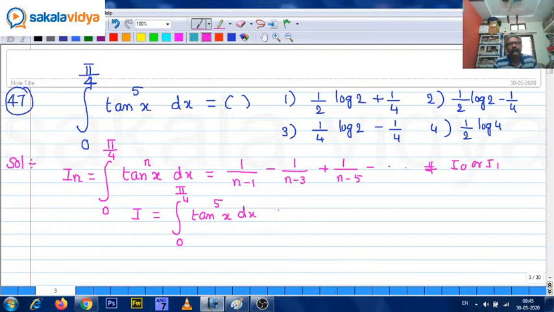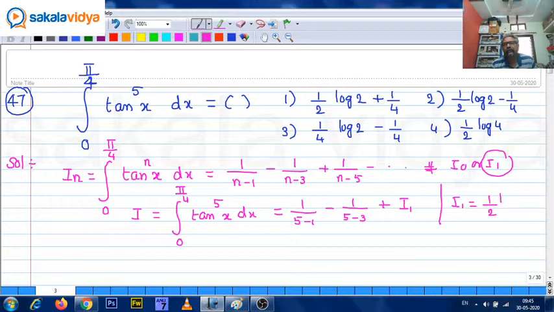Here n is 5: 1 by 5 minus 1, minus 1 by 5 minus 3, and then plus, but since it is odd we get I1. Here I1 is equal to half log 2, remember, where I naught is equal to x. Power is even means I naught, odd means I1. I1 means half log 2.